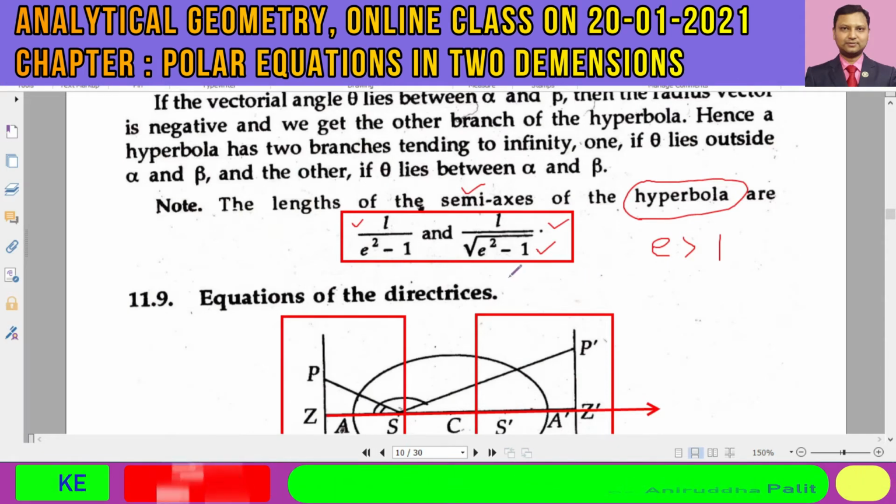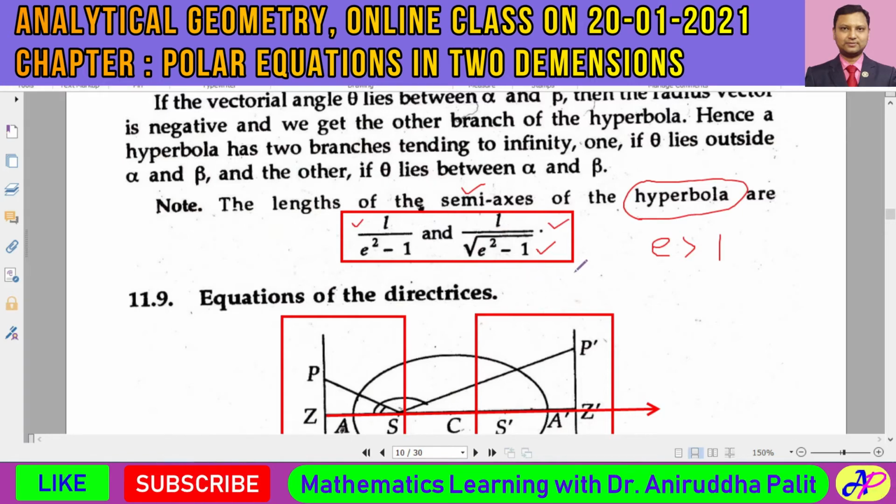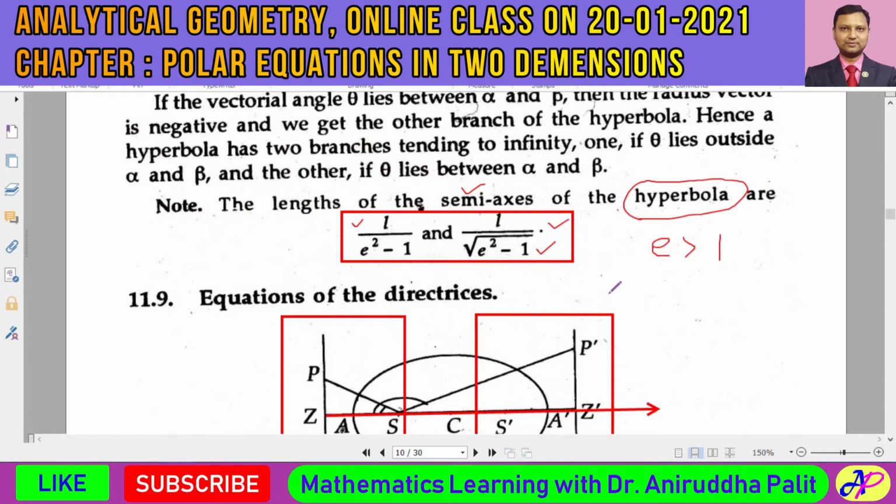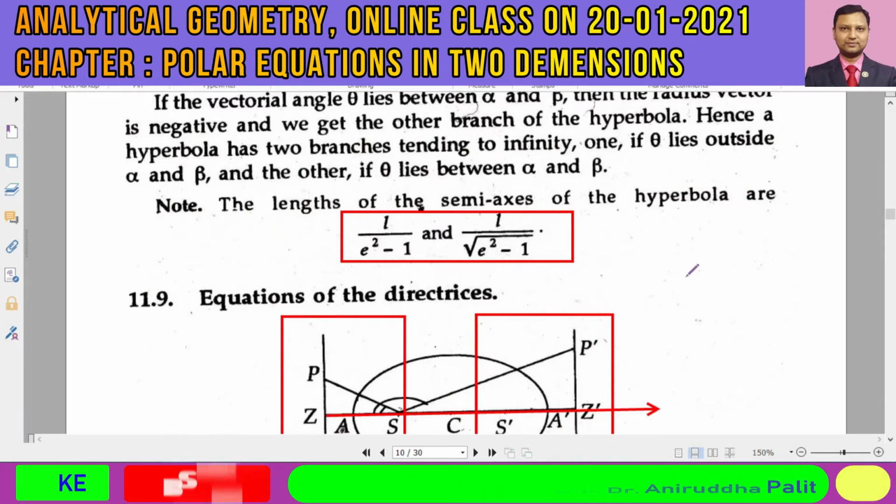In case of an ellipse, we had root over of 1 minus e square because e was less than 1, but in case of a hyperbola, e is greater than 1, therefore root over of e square minus 1 would ultimately come. All right.